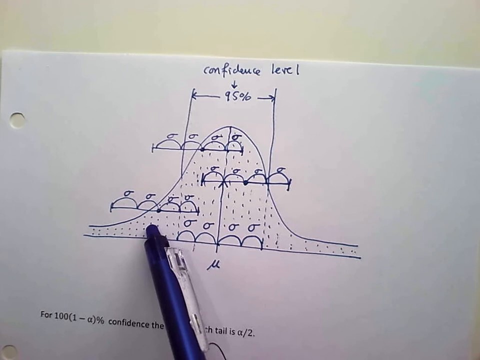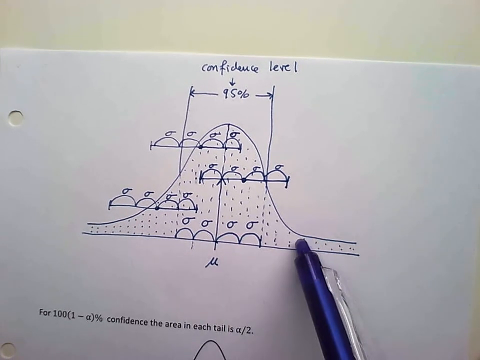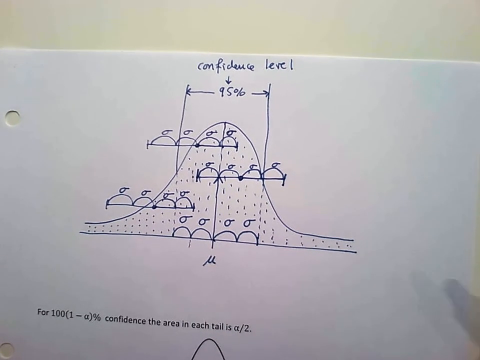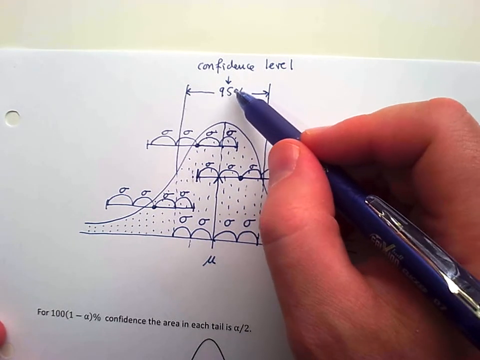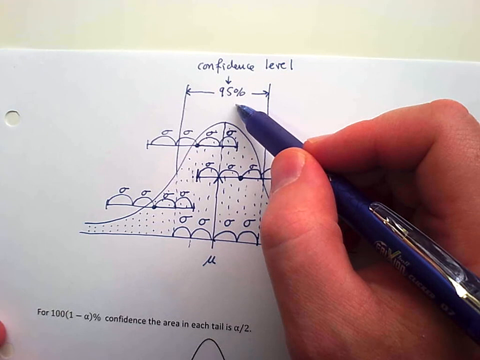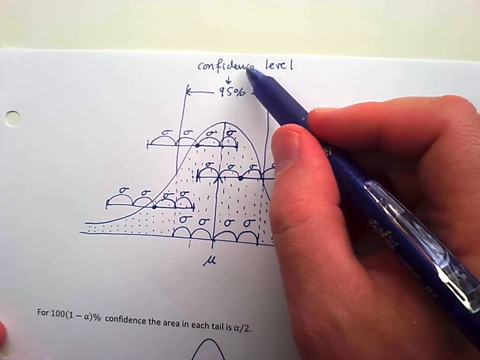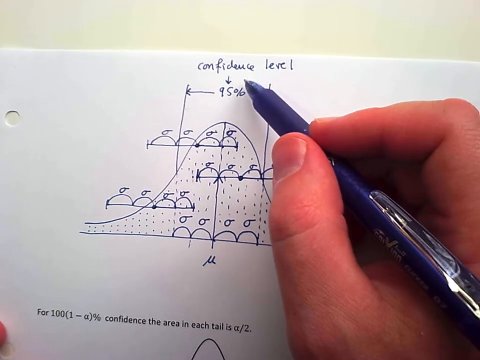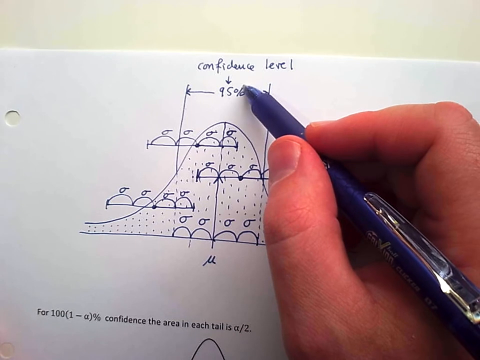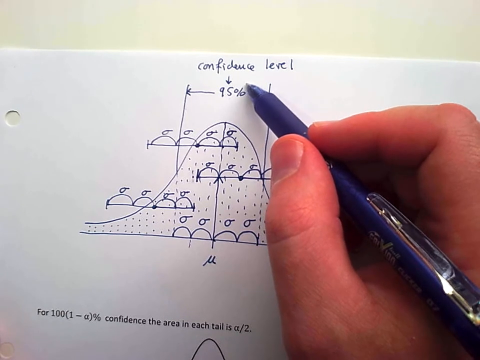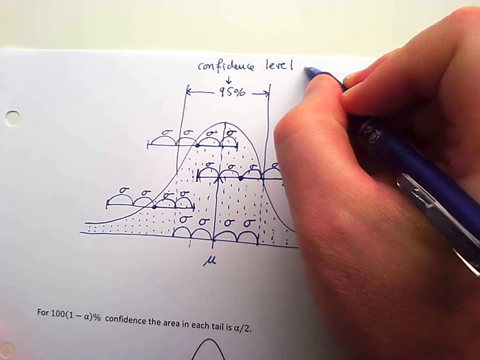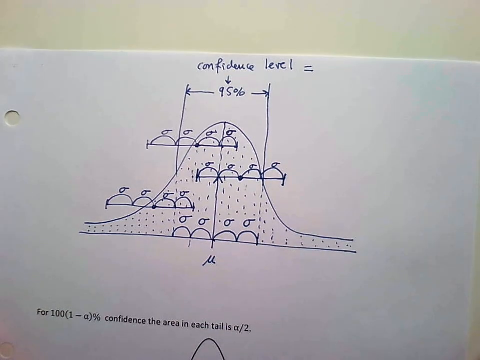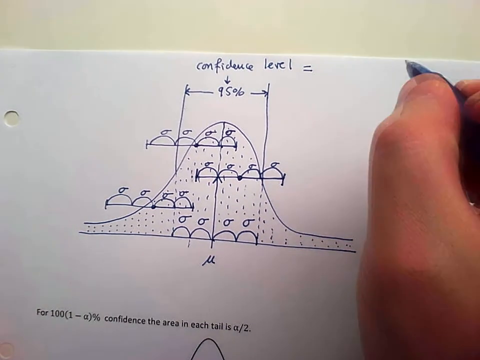If I happen to pick a dot either over here or all the way over here, those intervals would not contain mu in it. So therefore, this 95% is not just the percentage of intervals that would contain mu, but this is also how confident you are that if you pick an interval at random, that interval would contain mu.